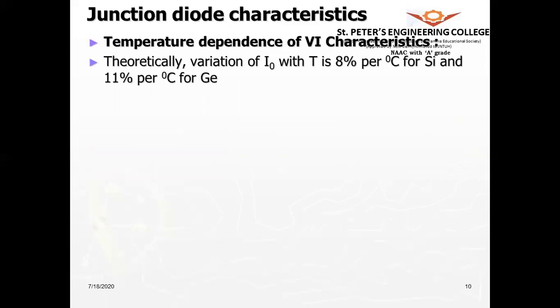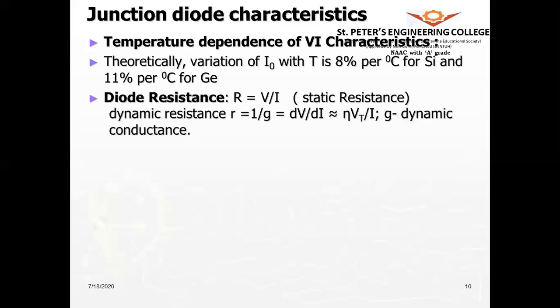For every degree rise in temperature, the current increases by 8 to 10%. On an average, it will be a 10% increase for every degree rise in temperature. Therefore, because of this variation, the current will vary.